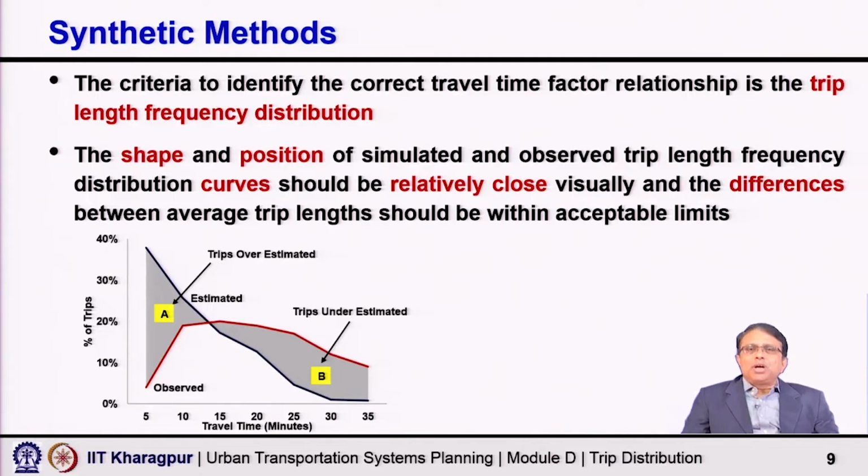Now, if I have taken the values correctly, and they really reflect the real travel, then my observed trip length frequency, that is, the percentage of total travel made with each of 5-minute, 10-minute, 15-minute, 20-minute travel time values, as observed and as obtained from the model, should match exactly. They should give a very close match.